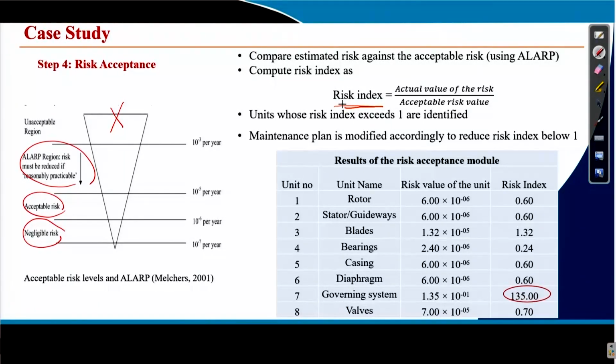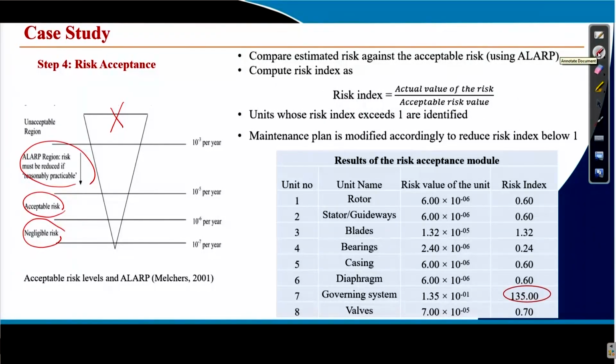What is the risk index? It is the actual value of risk that you got relative to the acceptable risk value based on certain criteria. If the unit whose risk index exceeds 1, that unit should be considered. So accordingly, we have done it.